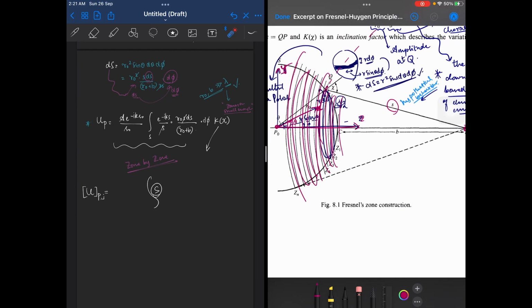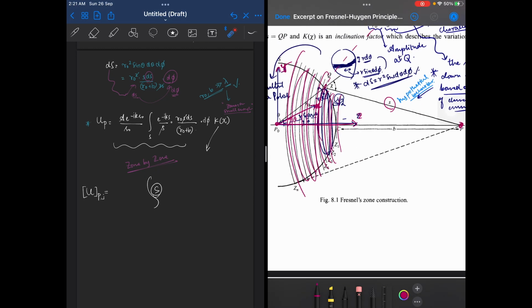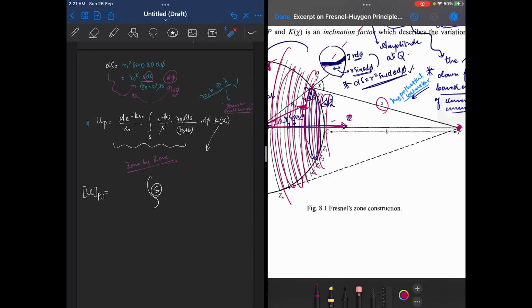And I don't understand why he is integrating s.